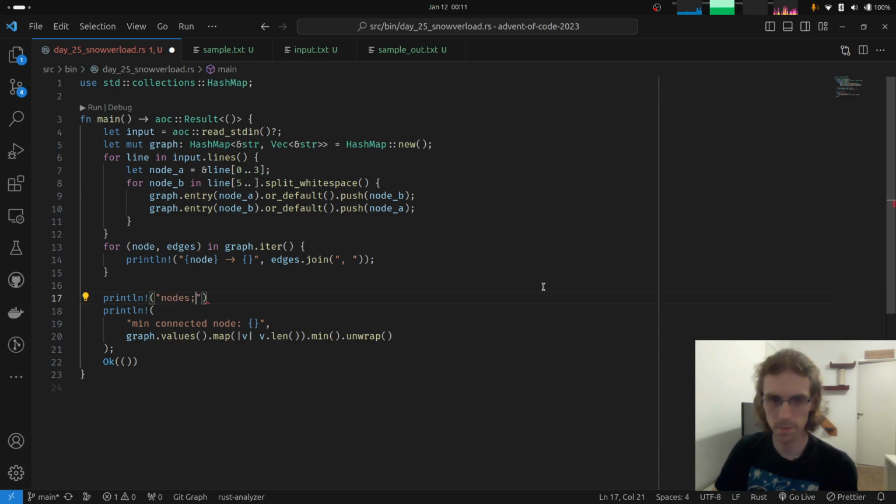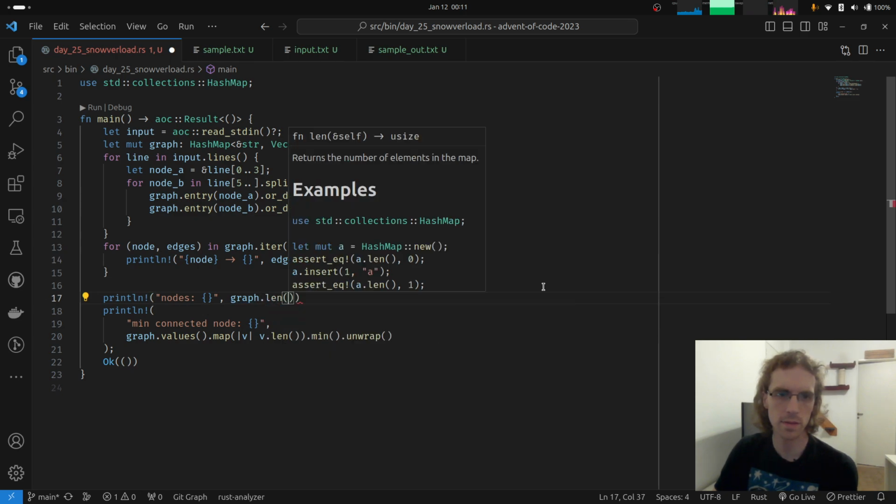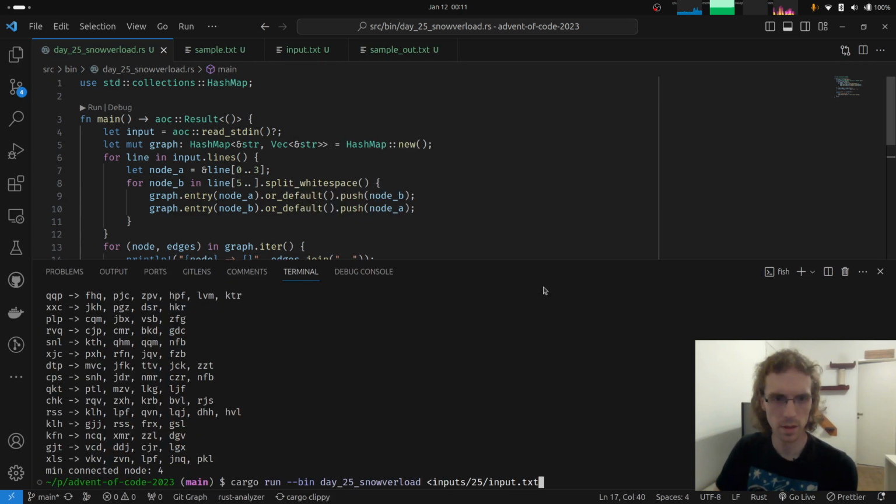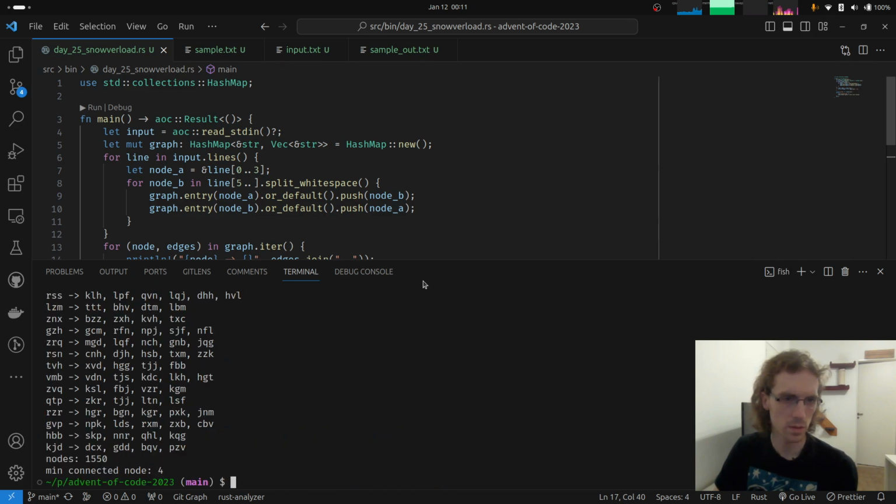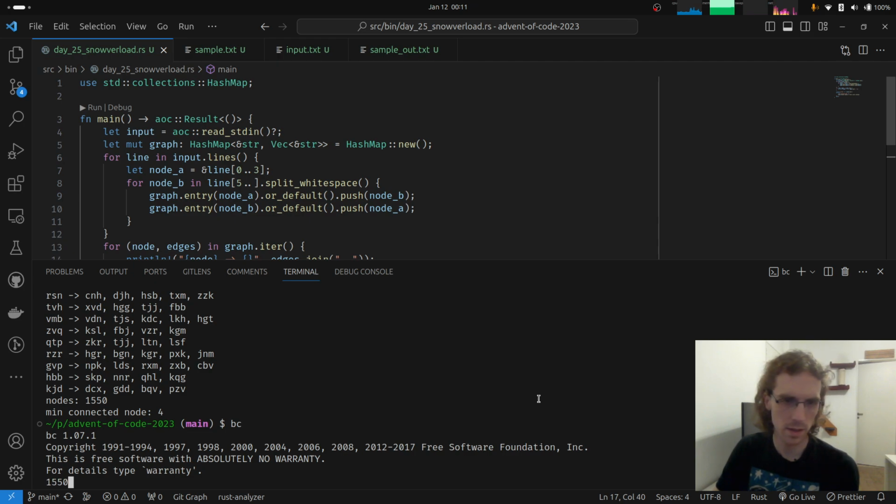How many nodes do we have? It's just the graph length, because we are doing this with an adjacency list. So okay, it's this times cubed, which is big but not so big.